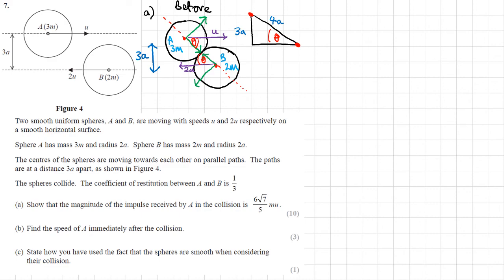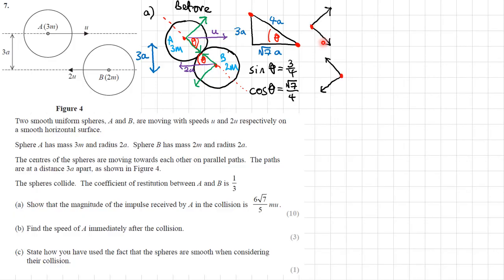The square root of that is root 7 a. So the sine of theta is 3a over 4a. The a's cancel out, so we get 3/4. And the cosine of theta is root 7 a over 4a, again the a's cancel, giving root 7 over 4.